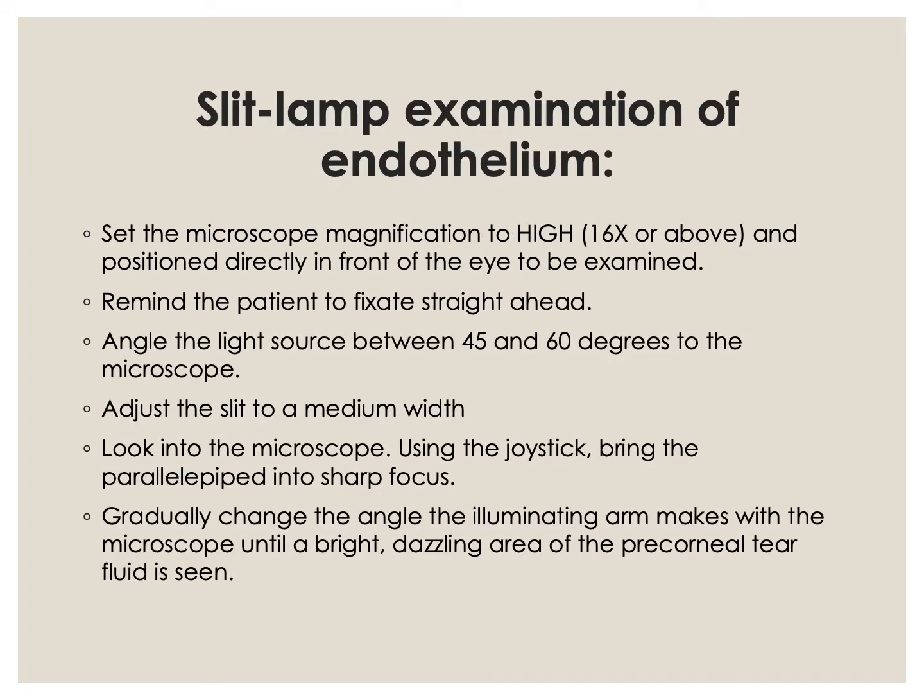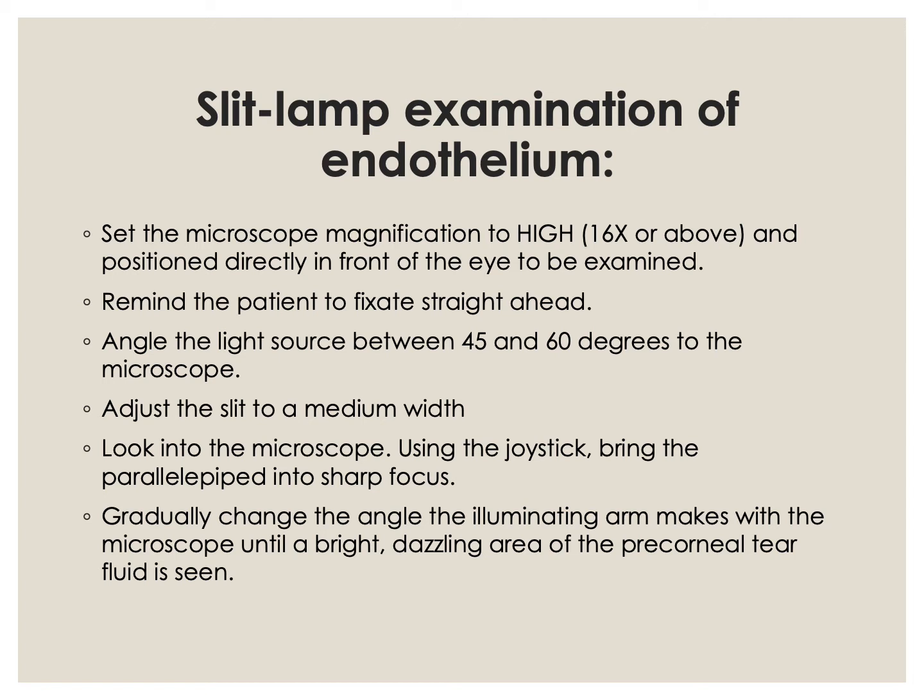The slit lamp examination of the endothelium. The steps can be made easy as follows. Set the microscope magnification to a high magnification of 16 times or above and position directly in front of the eye to be examined. Remind the patient to fixate straight ahead. Angle the light source between 45 and 60 degrees to the microscope.